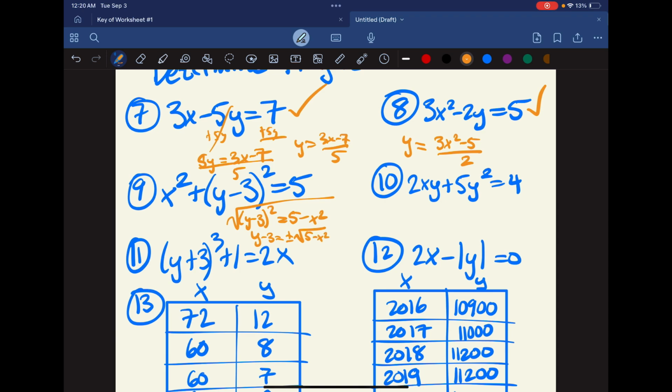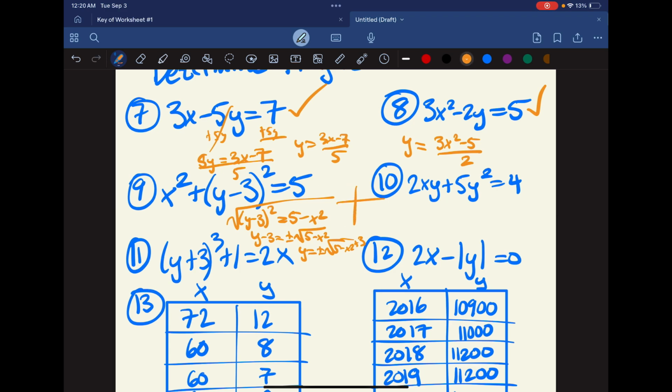Then we could say y equals plus or minus the square root of 5 minus x squared, plus 3. But you don't even have to go that far, because any time you get this plus or minus, that's a problem. Whenever you get that plus or minus, you end up with a circular graph.